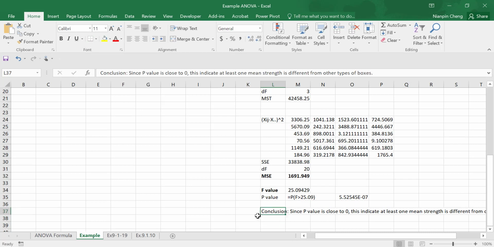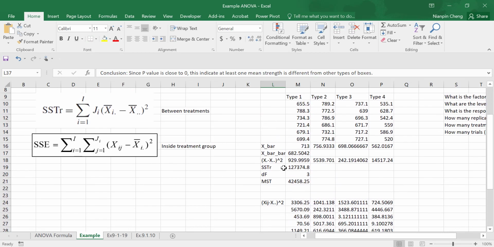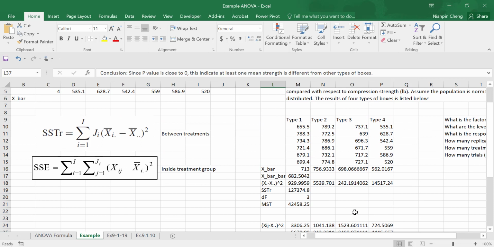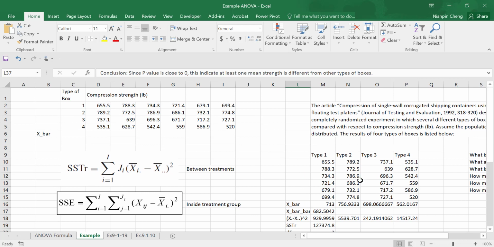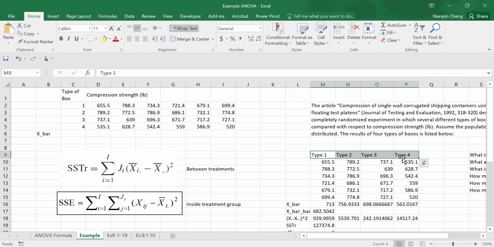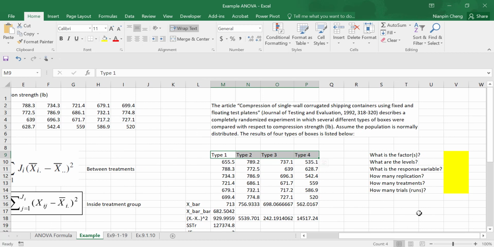So this is how we use analysis of variance to answer this question: are they the same or are they different? There's one different. That means the type of box is significant. So this factor is significant.